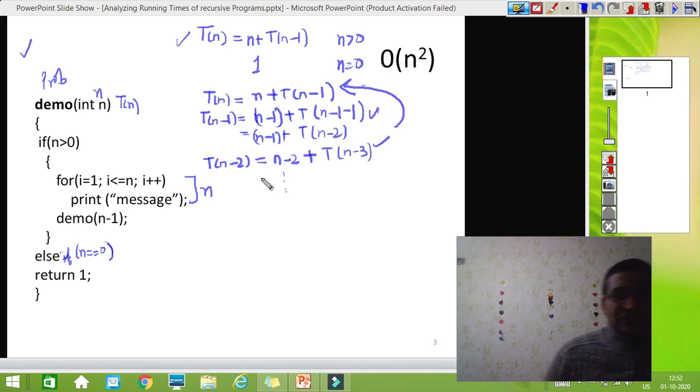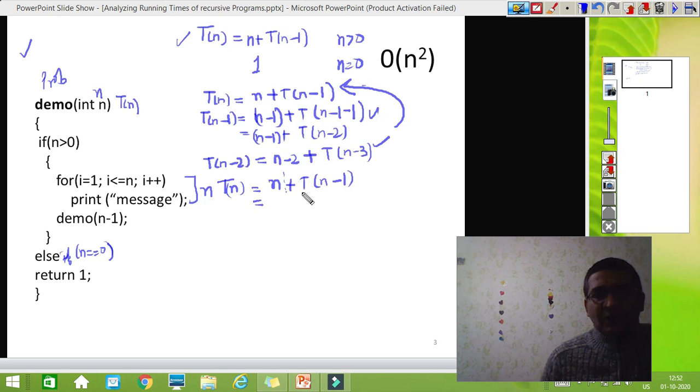So we have T of n plus T of n minus 1. Now I am going to replace T of n minus 1 from here. So what will I get? I will get n plus n minus 1 plus T of n minus 2.